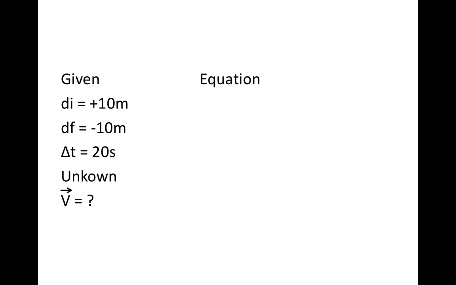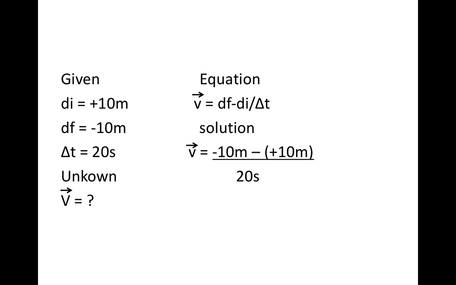So we use our equation, velocity equals D final minus D initial divided by time. And we plug in our values. So it's negative 10 meters minus 10 meters. And that gives us negative 20 meters, just like we saw in the diagram. That's our displacement, divided by 20 seconds. So the velocity is equal to negative 1.0 meters per second.